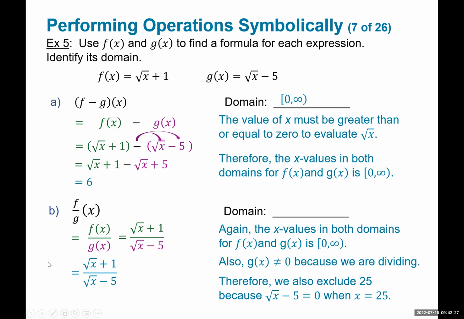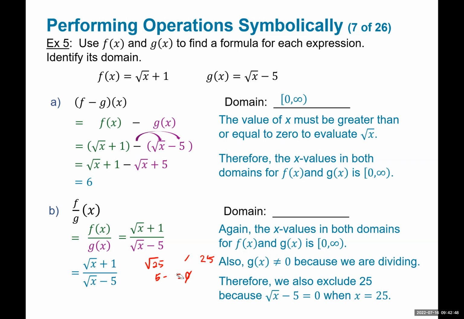So we have to set it equal to 0 and solve. What number would make this denominator 0? The answer is 25, because the square root of 25 is 5. So 5 minus 5 is 0. So that's why we can't have x equals 25.